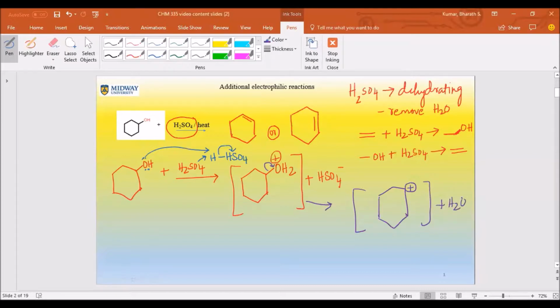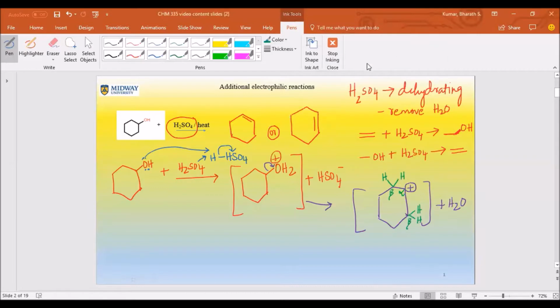Now, if you remember from our exam 1 material, I'm going to do something which might hopefully bring your memory back. This is the carbon that was containing the leaving group, so that was the alpha. So this must have been the beta, and so is this. Each of these carbons is a CH2, so they all contain two hydrogens. Now, you could choose to remove one of these hydrogens, and then the bond comes back.